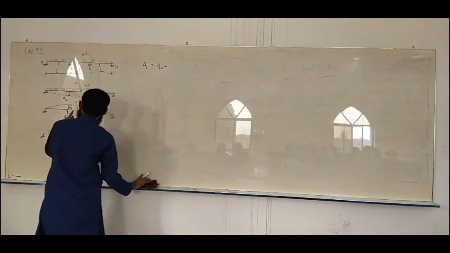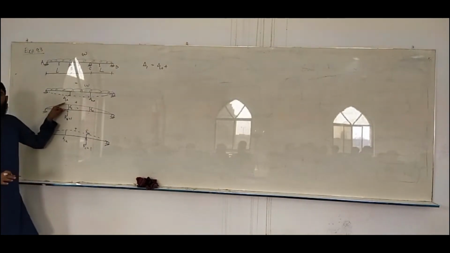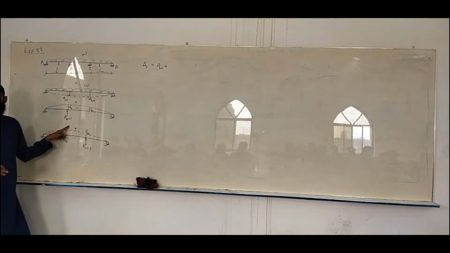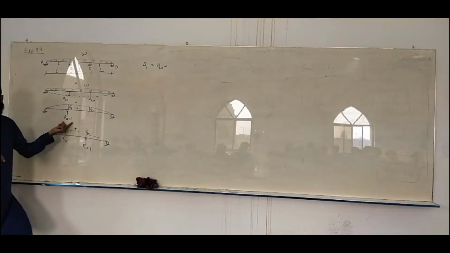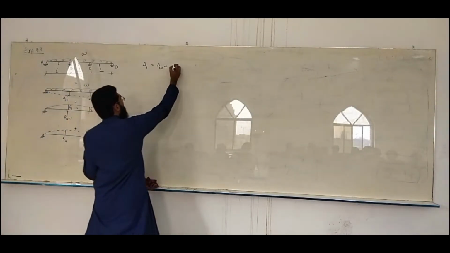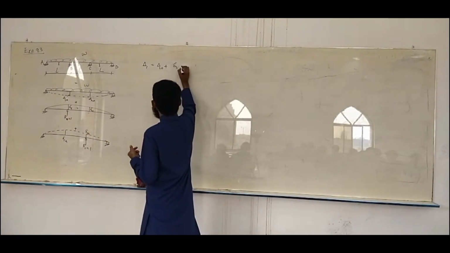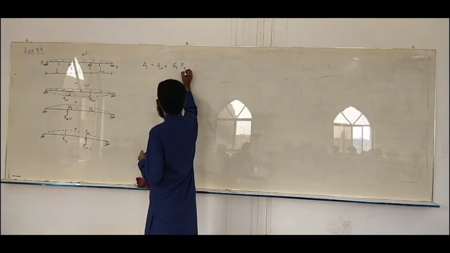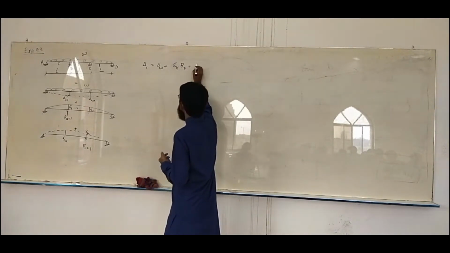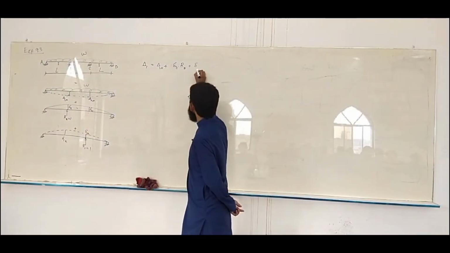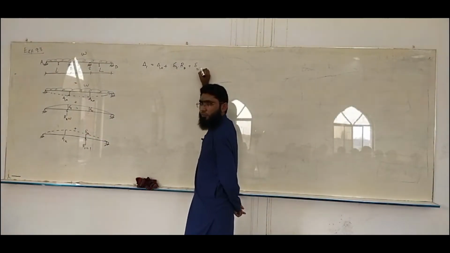Delta 1 1 is the displacement at this location due to a unit load at the same location. You need to consider the full displacement due to the full value of RB, and how would you do that? You will say delta 1 1 times RB, plus delta 1 2 times RC.